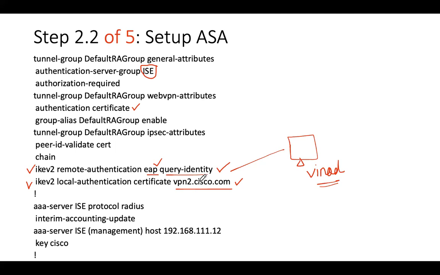But ASA will also perform the local authentication. What it means is that the user connects to Cisco ASA, the ASA external interface. This interface is basically vpn2.cisco.com.